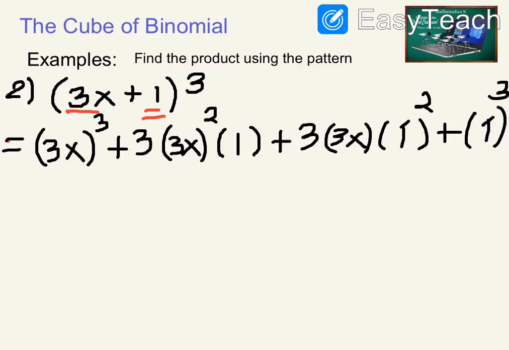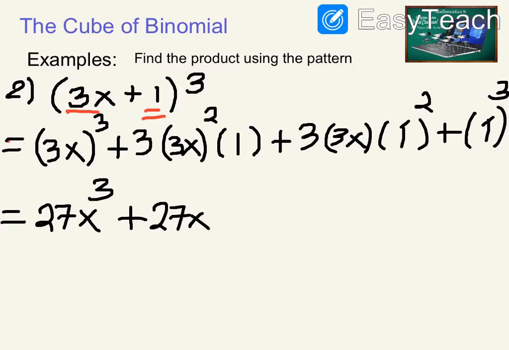Okay, so finalizing our answer, we will have now 3 times 3 times 3, which will give us 27, because 3 times 3 is 9, times 3 is 27. And don't forget the x, and x times x times x is x cubed, plus you have 3x times 3x, which will give us 9x squared times 3, which will give us 27x squared times 1 is also 27.